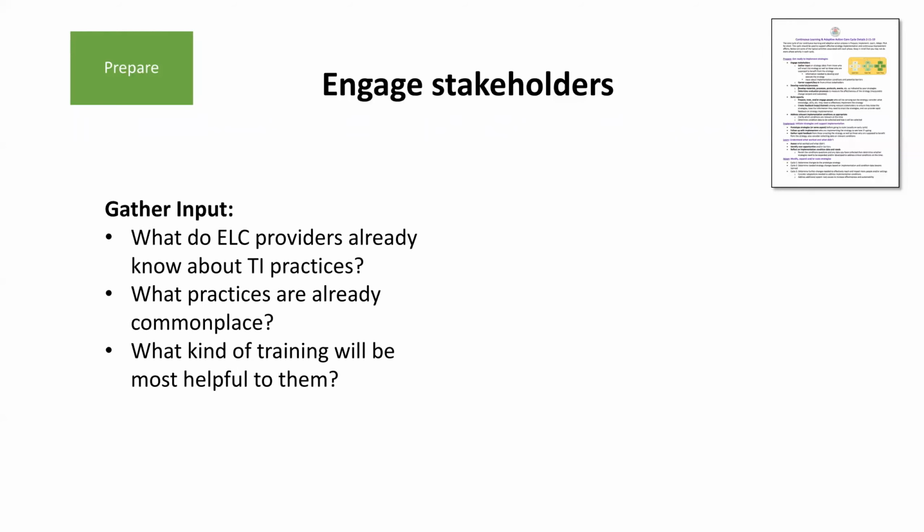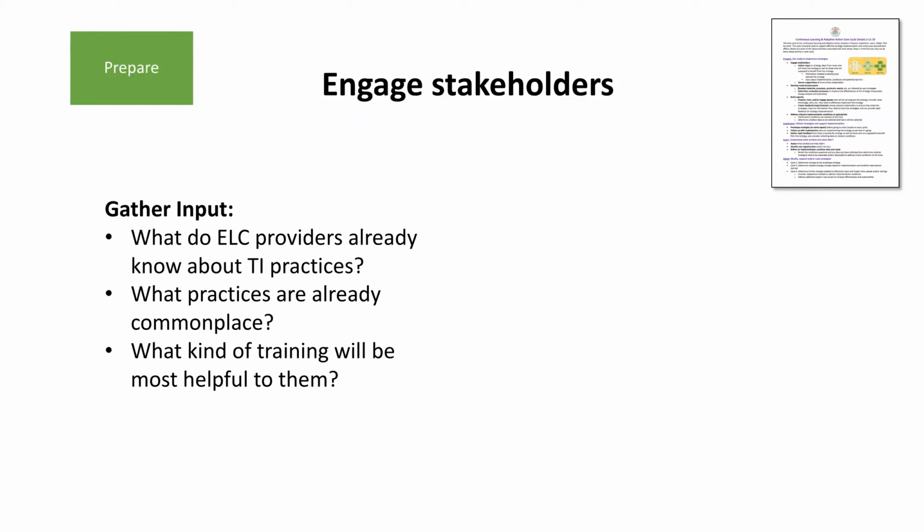One of the first things you're going to want to do is think about who to engage in general. So who are the stakeholders who need to be engaged to provide an effective training? To what degree do stakeholders know about this training? Then think about the reasons why you may want to engage them. So some of the reasons that you may want to engage stakeholders, for example, could be to gather input.